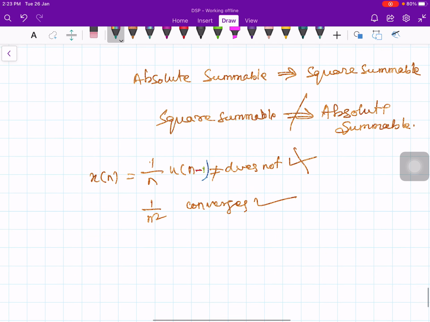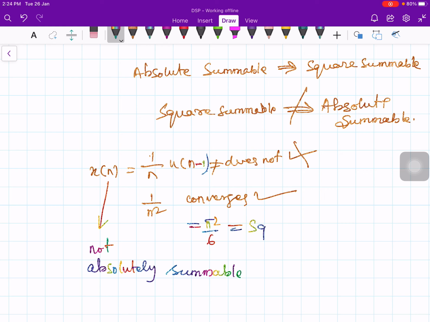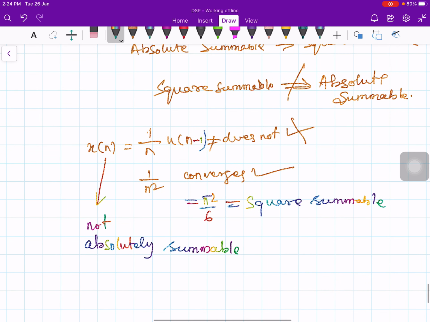Here x of n has finite energy, which is pi squared over 6, but x of n is not absolutely summable. This value we got from square summability. However, such sequences which are square summable do have a DTFT. Even though the sequences satisfy only square summability, those sequences have a discrete time Fourier transform.